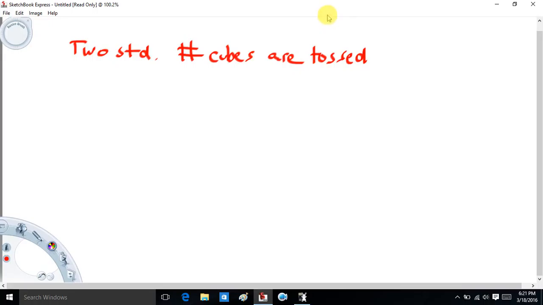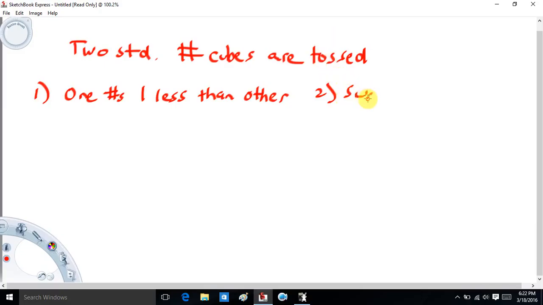One of the numbers is one less than the other. So that's one event, and the second event is the sum is odd.